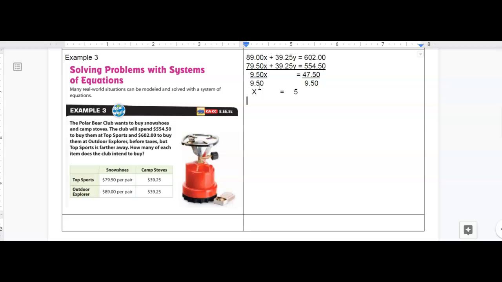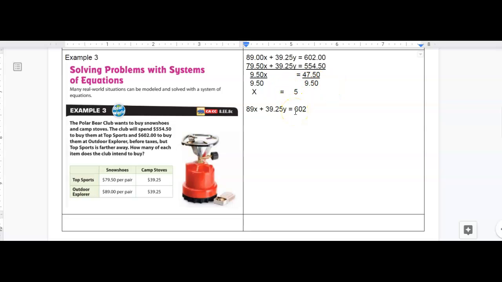Okay, so now I got to find out what y is. Which of these two equations looks a lot easier? Maybe the top one, because that one is just $89. So I'm going to put 89x plus 39.25y equals 602. The first thing is I'm going to substitute the value of x. The value of x is 5.